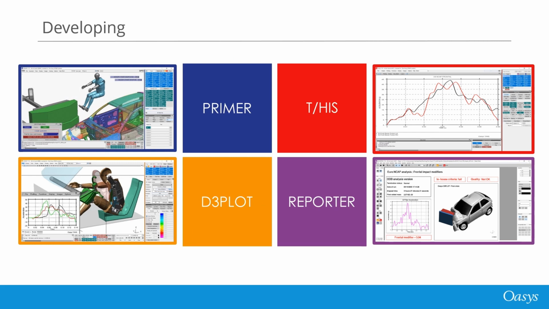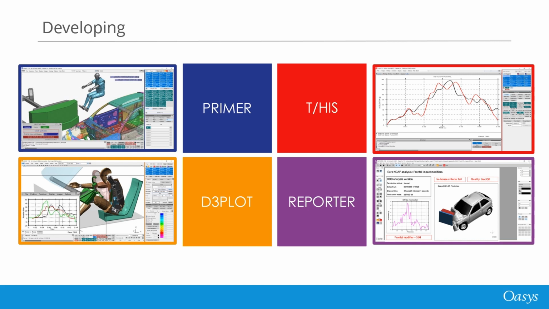And this slide is really just showing you the same thing, but in a little bit more detail, and I'll just walk you through them again. So Primer, you can see there we've got a model that we are building and preparing, and we've got lots of tools built in there which have been specifically developed for some of the things we have to do in the world of automotive CAE.